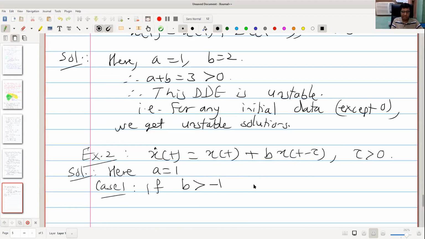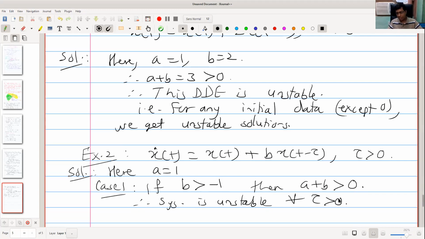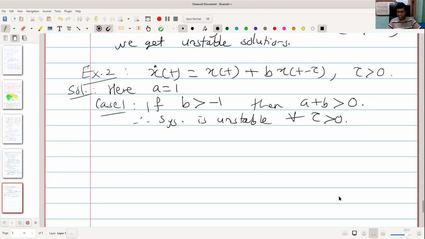If b is greater than minus 1, then small a plus b is greater than 0, and therefore the system is unstable for all tau greater than 0, whatever our delay may be. This instability is independent of delay.